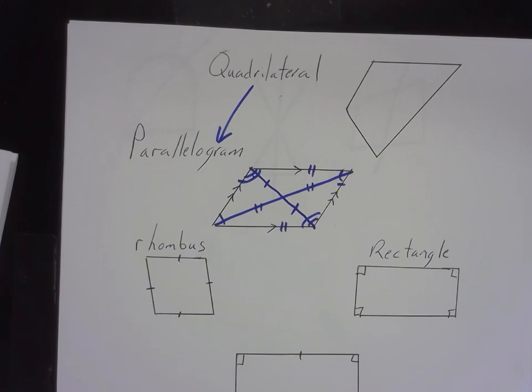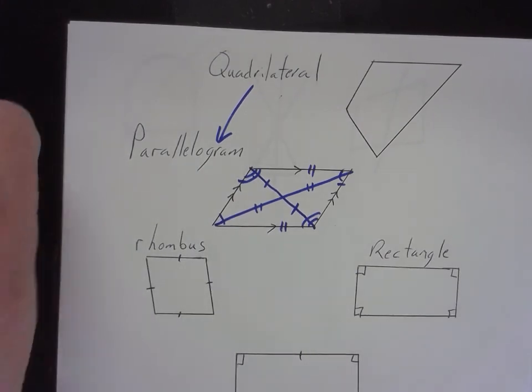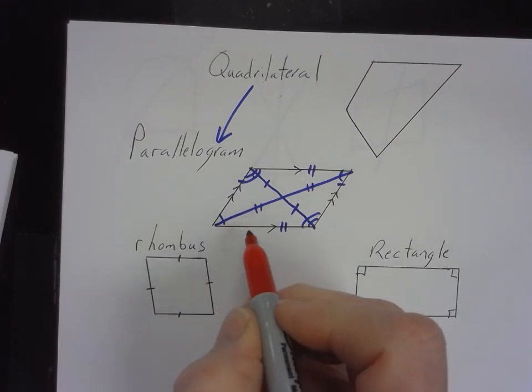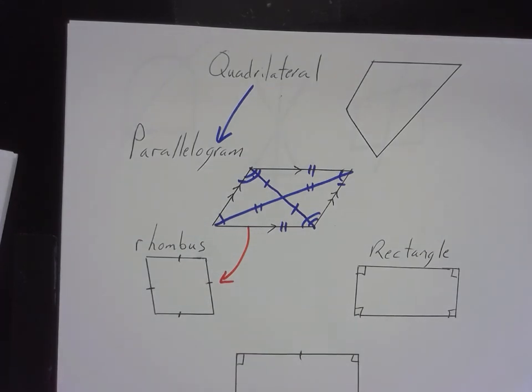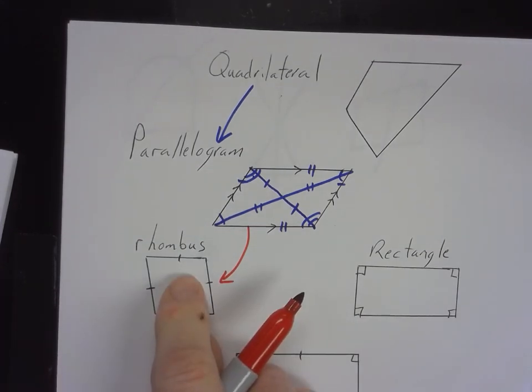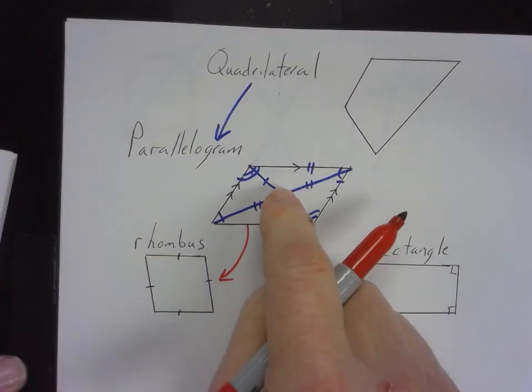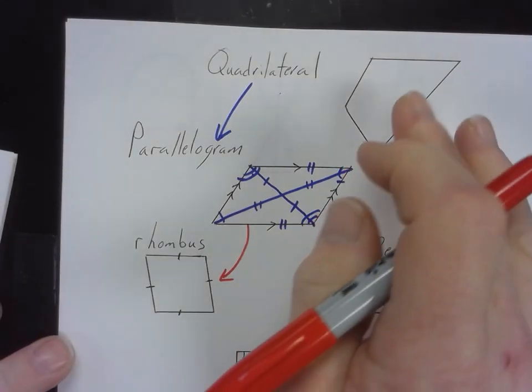Now, if you get a little more going on here, we can come down and start talking about the rhombus next, okay? So a rhombus, it's a quadrilateral, right? Okay, and it's a parallelogram. So everything you know about a quadrilateral, yes.